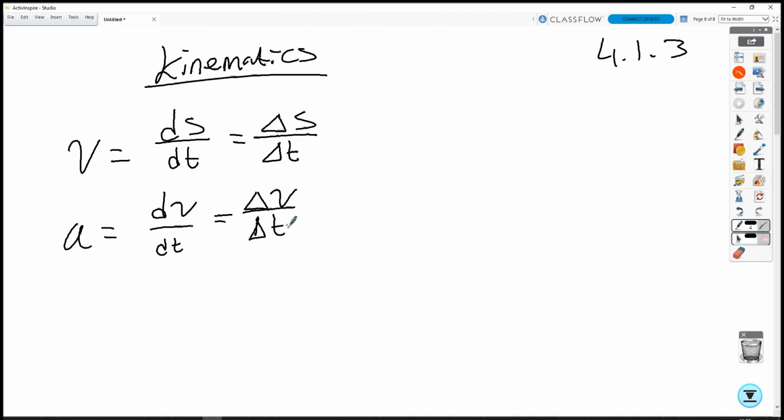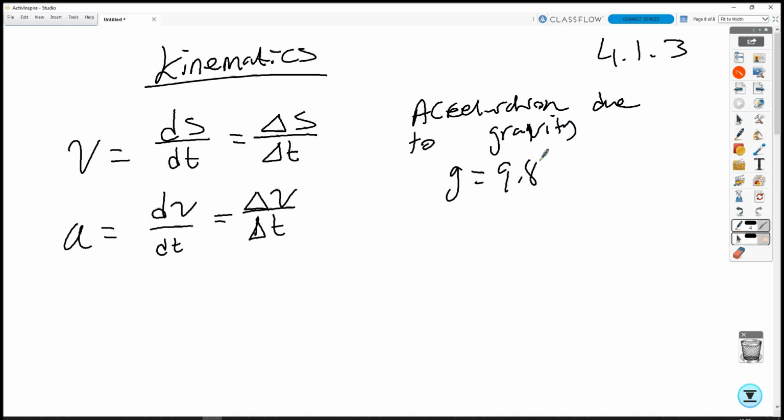Now, a value that we need to always keep in mind is the acceleration due to gravity. If things fall or move vertically, then acceleration due to gravity will always be pointing in the downwards direction and will always have a value of 9.81 meters per second squared near the surface of the Earth. So acceleration due to gravity, g, equals 9.81 meters per second squared.